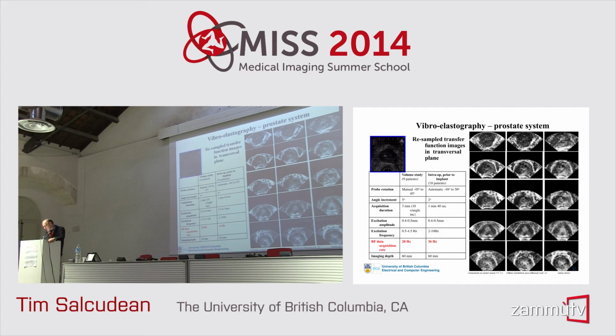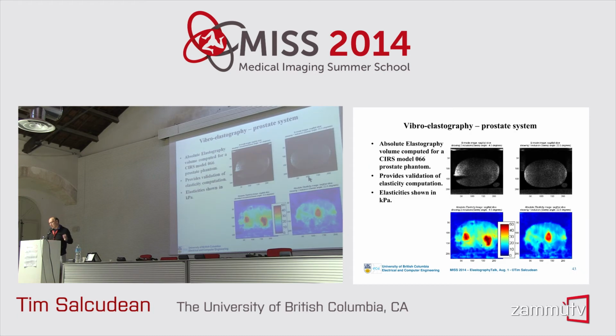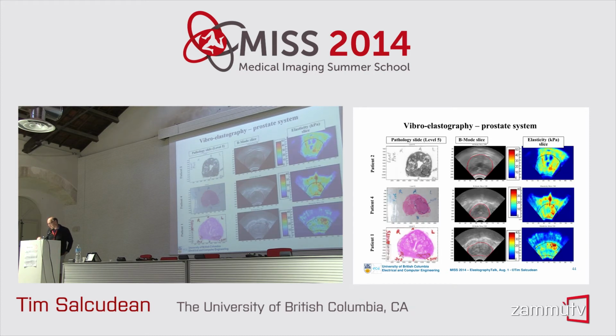You see the prostate boundary, and the darker areas are areas of higher stiffness, which correspond to cancer in many cases, but not all. Okay, so our system provides a map of elasticity in kilopascals, and you can see this is the same sagittal imaging plane that we've used with the Da Vinci, but now it is endowed with an absolute value of elasticity.